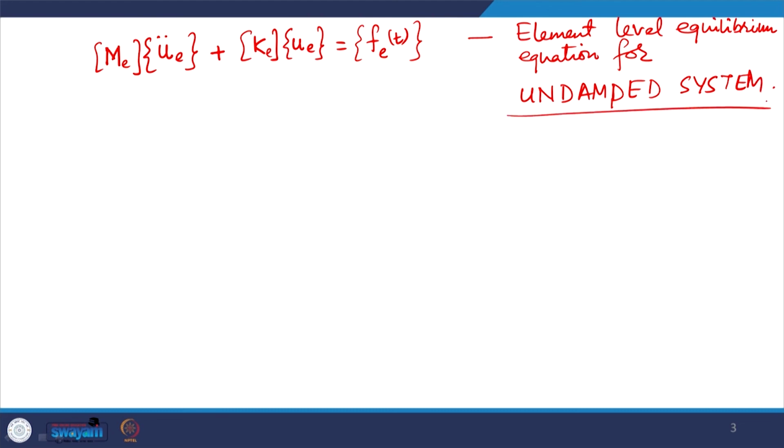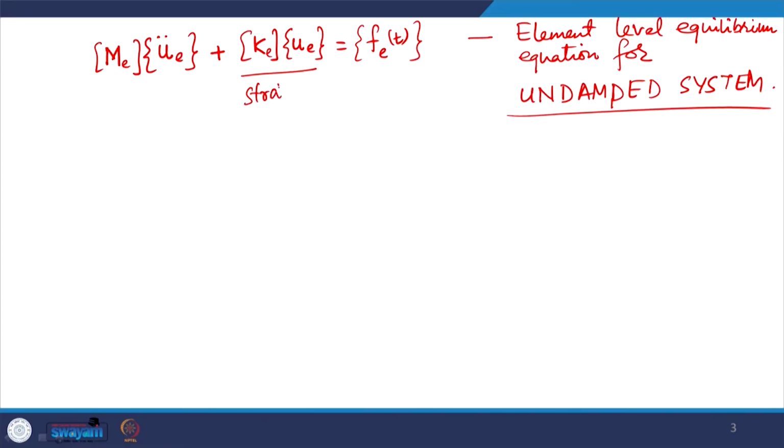What do we mean by undamped system? We are not modeling any energy loss here, any dissipation in the system. So, this is an ideal system which is fully conservative.